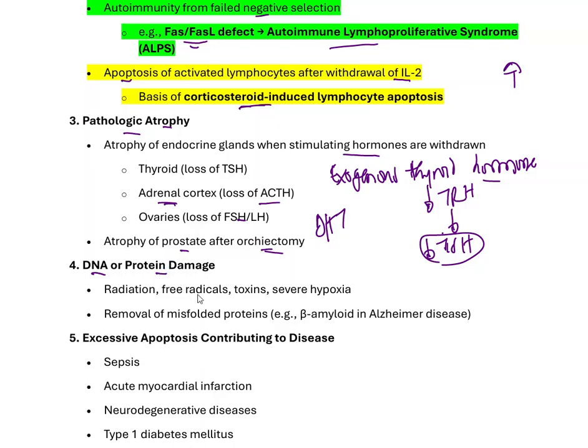So radiation, free radical, toxin, severe hypoxia, all these could lead to DNA damage or protein damage, and that could lead to activation of what? Apoptosis. So amyloid deposition in the tissue, like in the case of Alzheimer's disease, that will also lead to what? Activation of apoptosis, right?